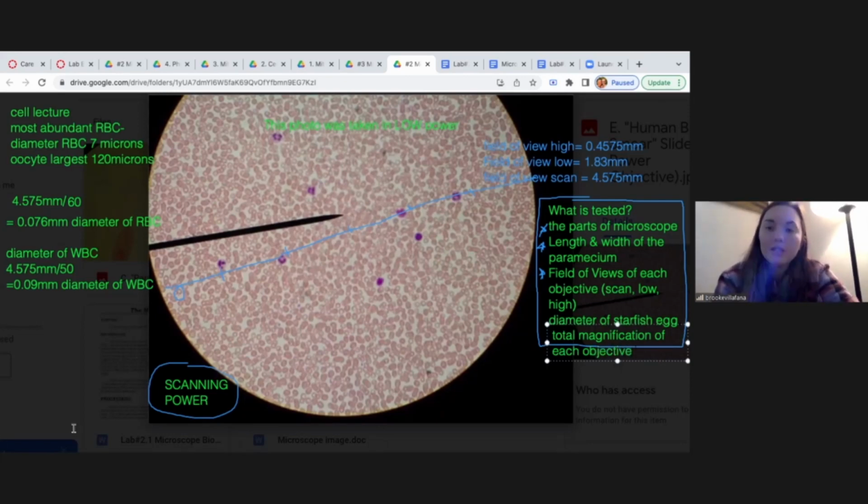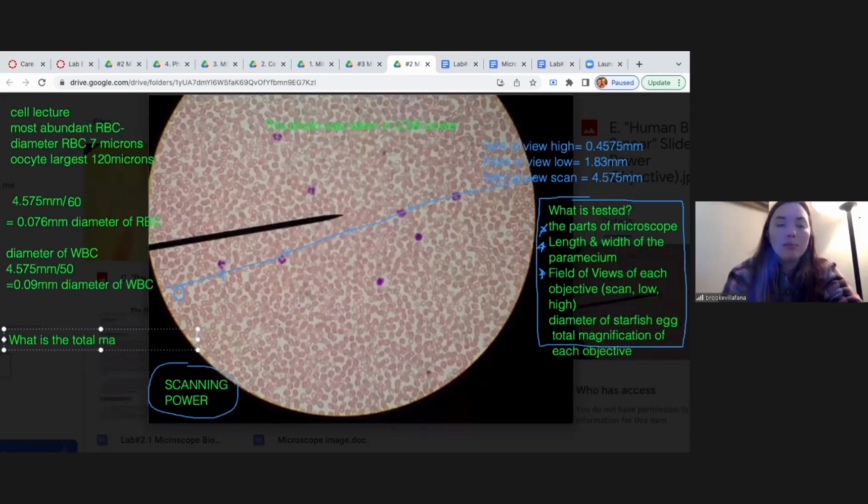So it is possible you will be asked, what is the total magnification of scanning power? Really easy, right? If you know scanning power is 4x, the total magnification is whatever your objective is times 10. So for scanning, the total magnification is 40.